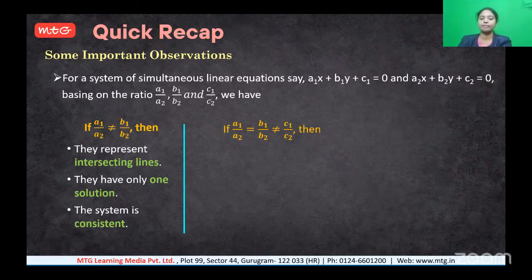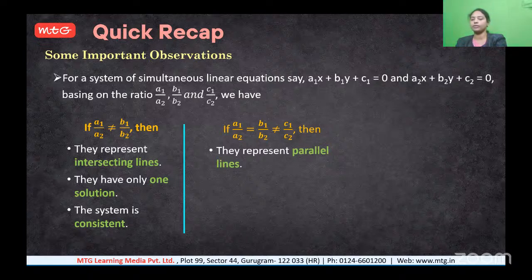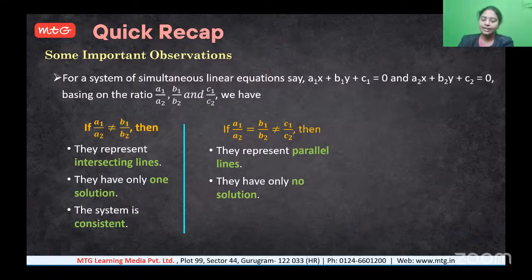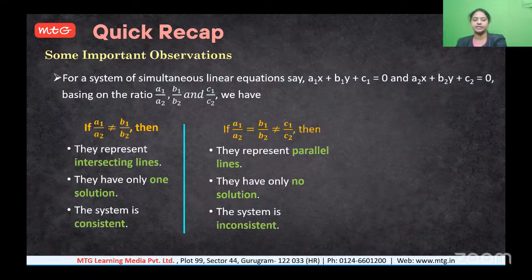In this case, parallel lines will be formed. And they don't have any solution. This type of equations are said to be inconsistent equations. What are they called? Inconsistent equations.